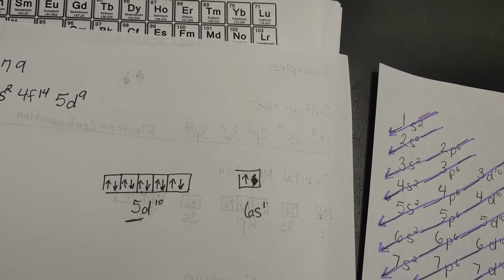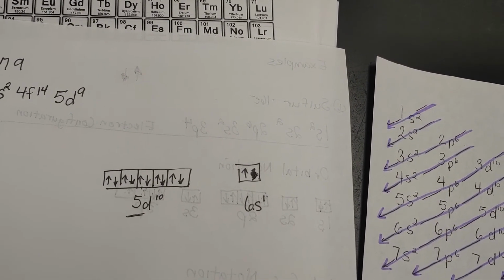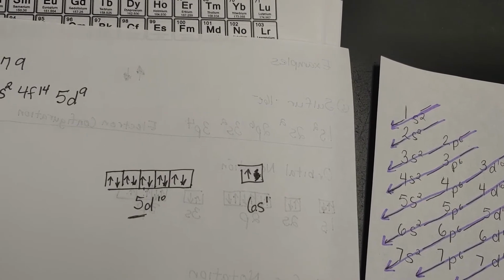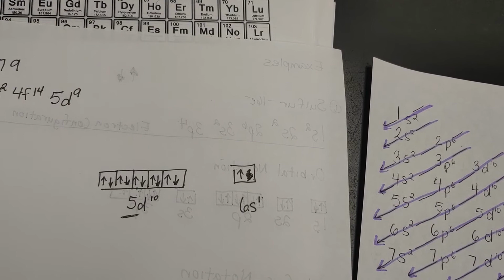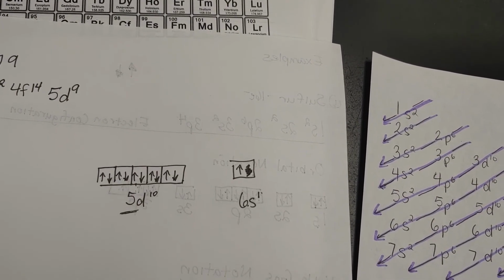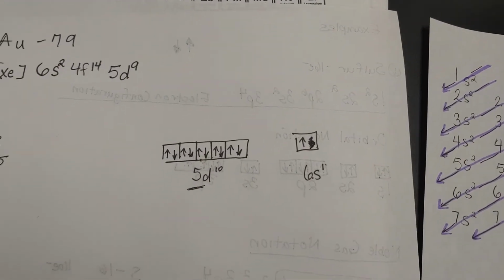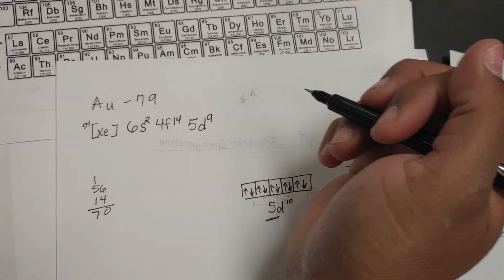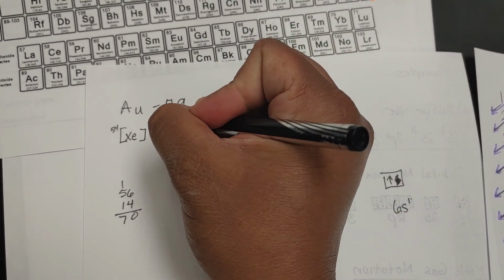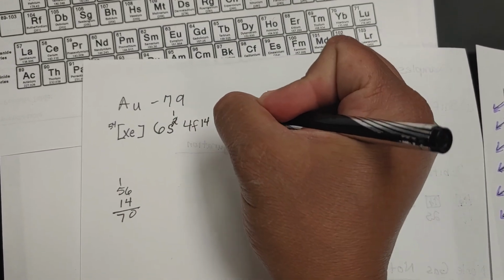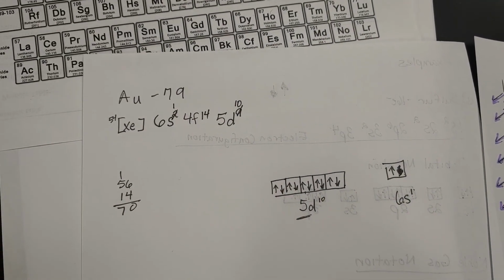So if it's at a 4 or a 9, you're going to borrow from the energy level that's the highest, right? So this is just for the previous, but that would be the exception to that. So that means that our configuration would then change into being 6s1 and 5d10. And that is it.